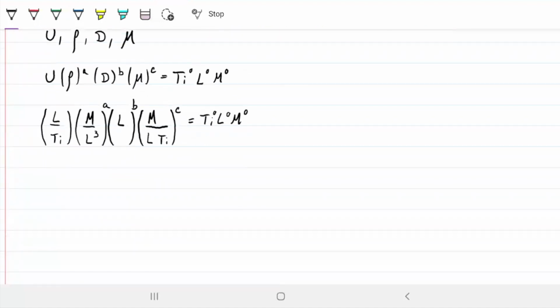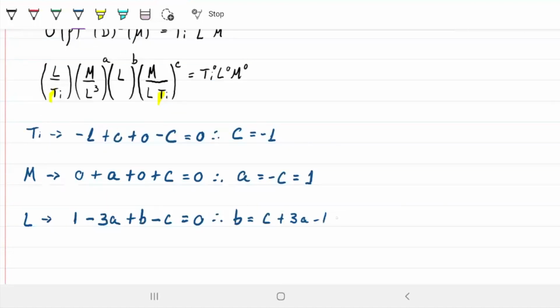All right, let's do this one more time. Again, I'm going to follow the same pattern because check out, we only have time here and here, so that's going to be very straightforward to solve. And I only have mass here and here, that's also straightforward to solve. So let's start with time. So time, I have -1 plus 0 plus 0 minus C has to be equal to 0. So therefore, C equals -1. Mass, the big M for a line. Mass right there. No mass on the first one. Then I'm summing up A, no mass on the third one, and I'm summing up C, that's equal to 0.